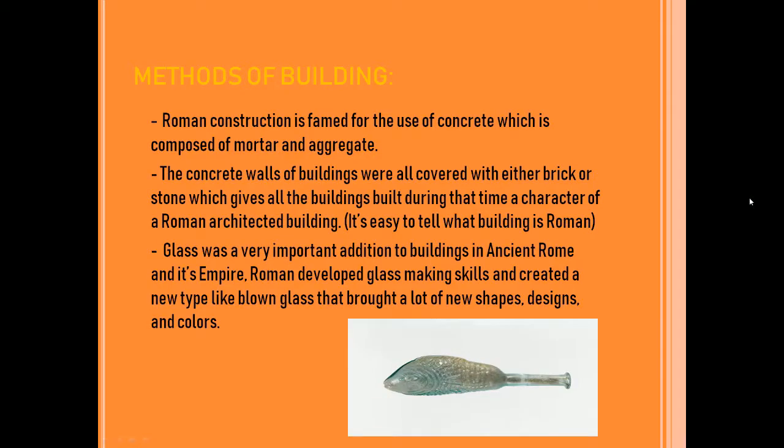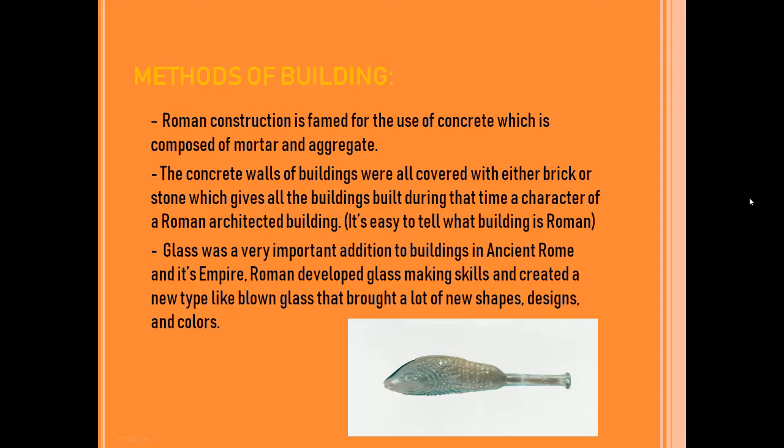So, I also want to talk about the methods of building real quick, because my paper is going to be focusing a lot on how the building started, how they ended off, and their impact on today's architecture.